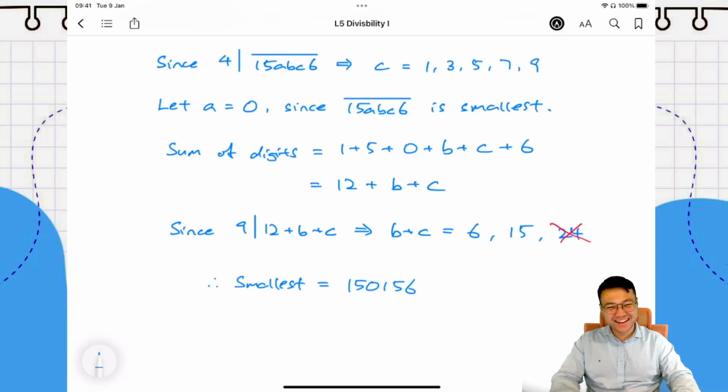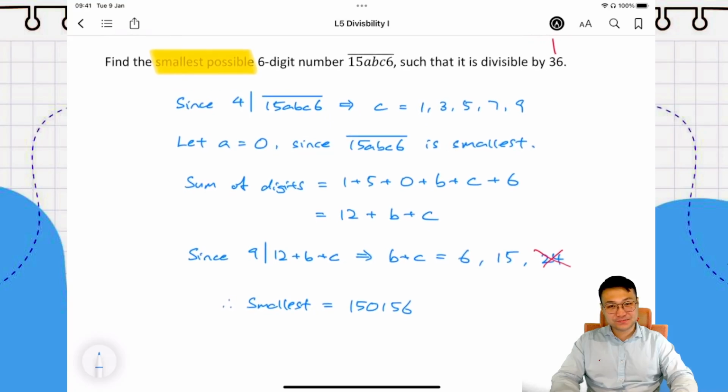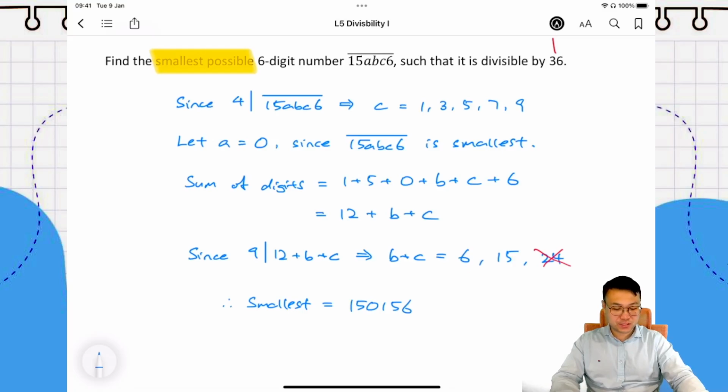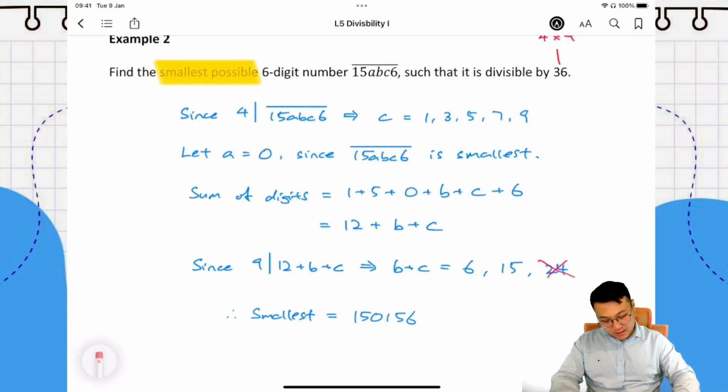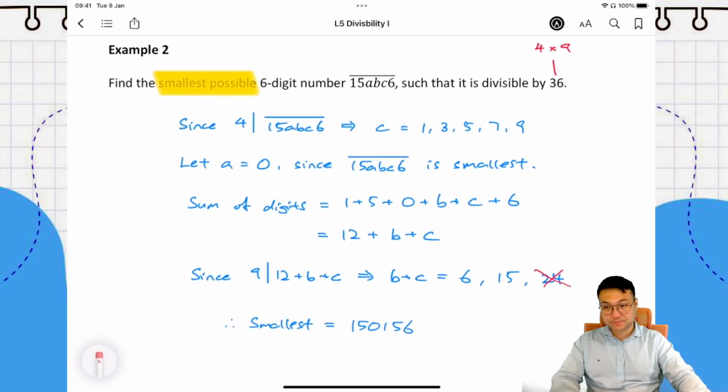Because A is already 0. Otherwise it'll already be 150 5 A C6. Yes, very good. Students, because A is already 0, it's supposed to be A, B, C, 6. So A is 0, and B should be 1, right?